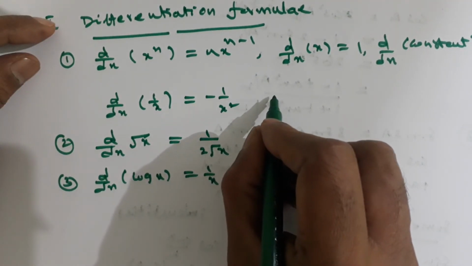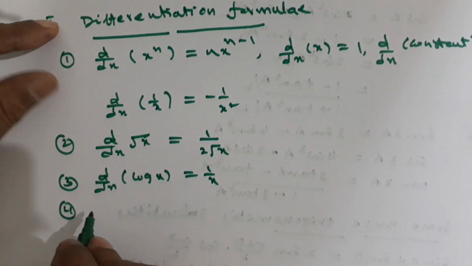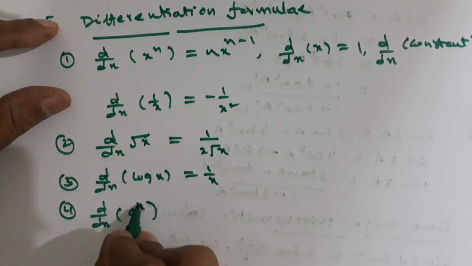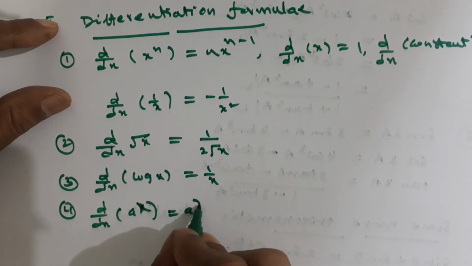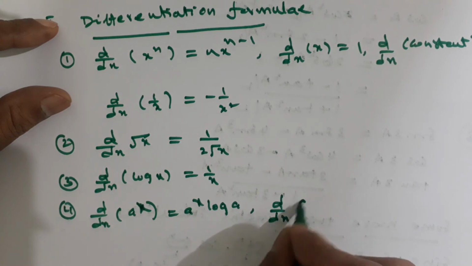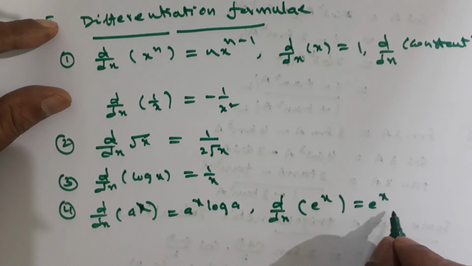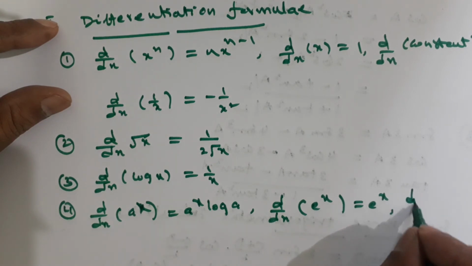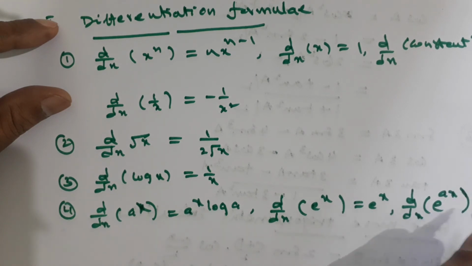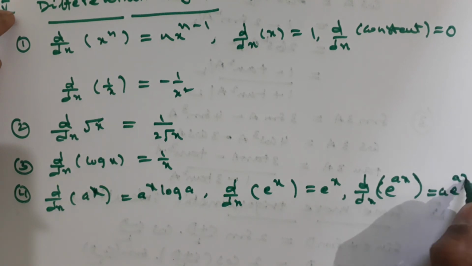Next, fourth one, d by dx of a power x is equal to a power x log a, d by dx of e power x is equal to e power x, d by dx of e power ax is equal to a e power ax. Chain rule.